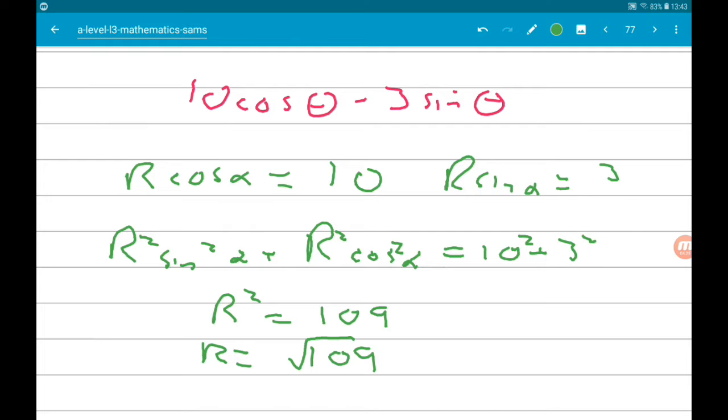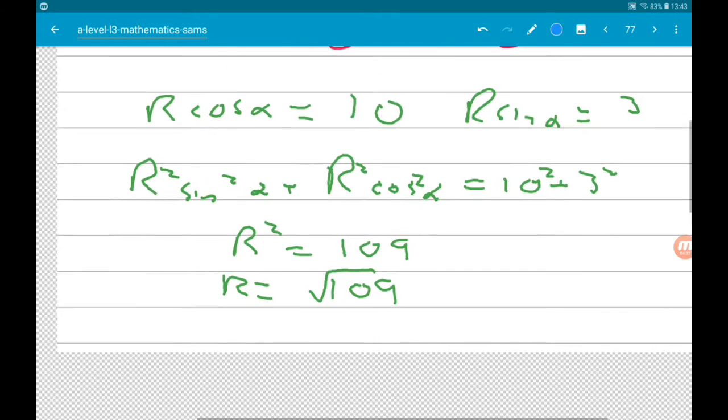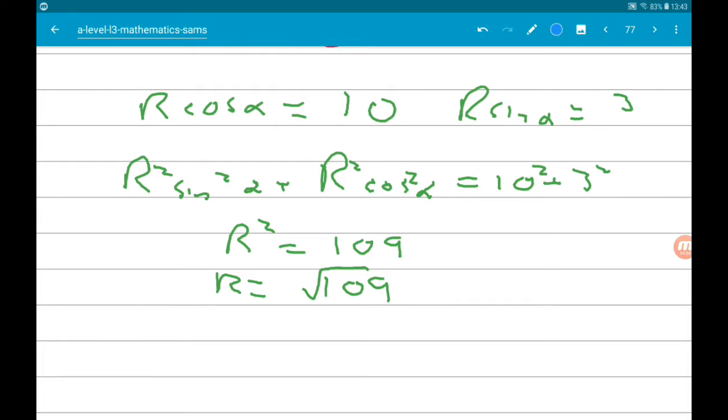Now, what we can also do is say that r sin alpha over r cos alpha, which is tan of alpha, well, that is equal to 3/10 or 0.3.